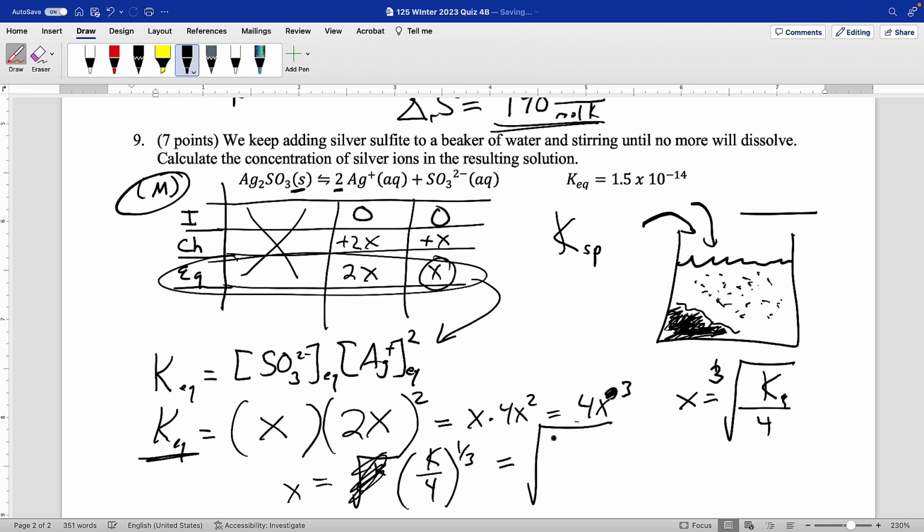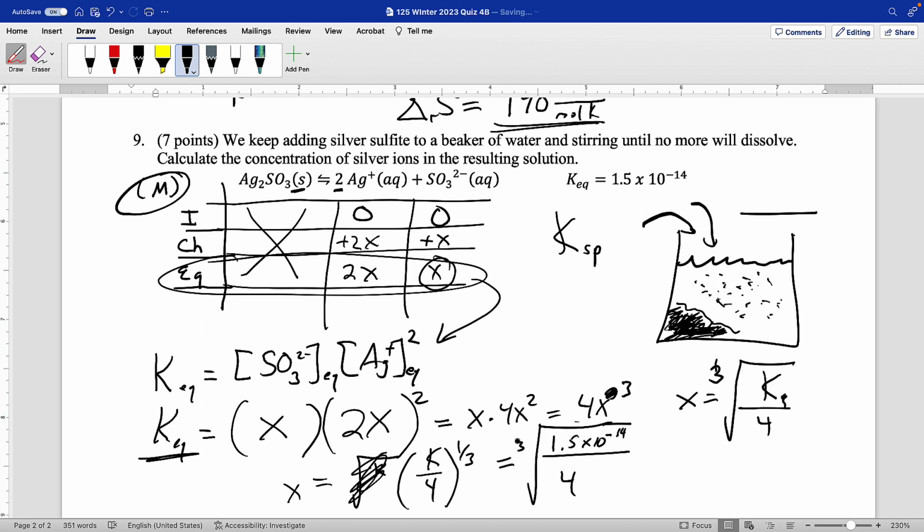Okay, very nice. So we're going to put in our number. We said we have 1.5 times 10 to the negative 14. This is small K. We know that sulfites are not super soluble, especially with salts like silver.